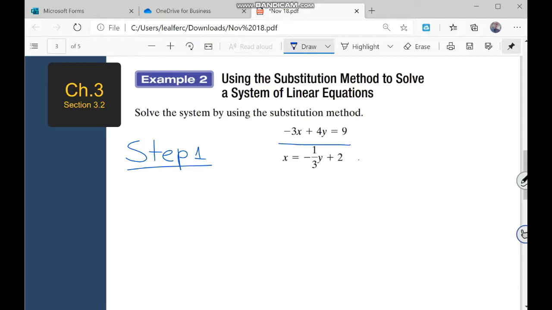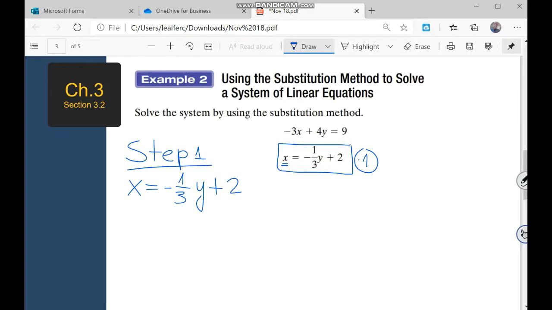Check this out. This equation here, the one on the bottom, has the x isolated on the left-hand side. That means I can choose this one to start, to be equation number 1. And for step number 1, x equals -1/3 y plus 2, because it's already done. There's nothing to work on here.